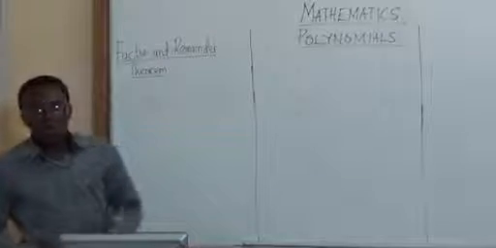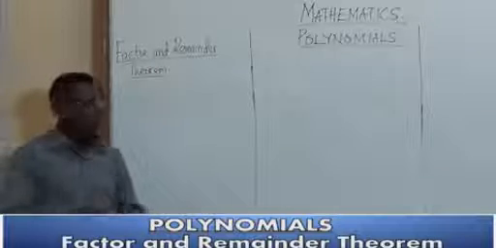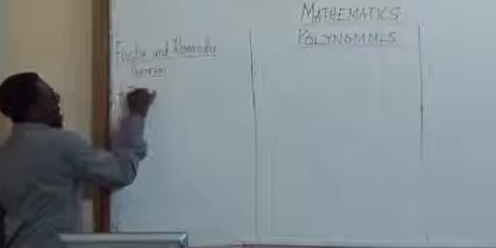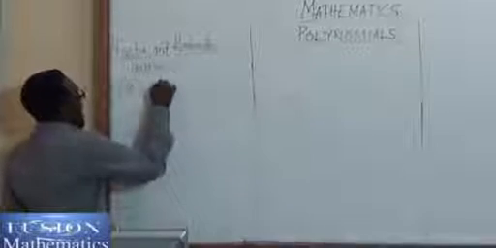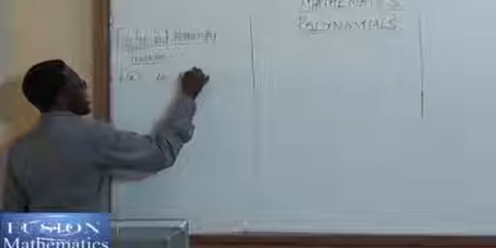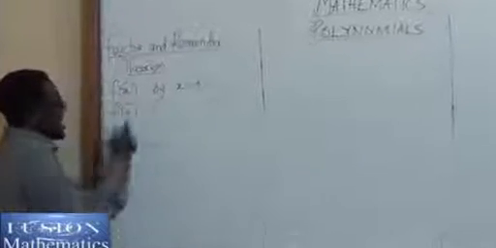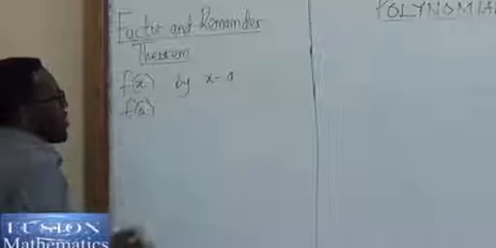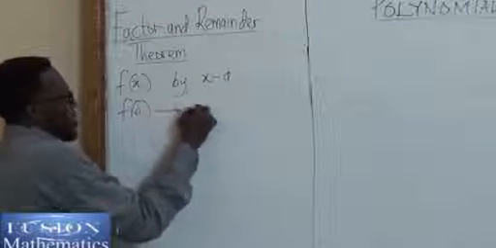Now let's go over to factor and remainder theorem. For factor and remainder theorem, if we have f of x as a polynomial given, and we are dividing by x minus a, therefore if we have f of a, the answer given when we have f of a is called the remainder.